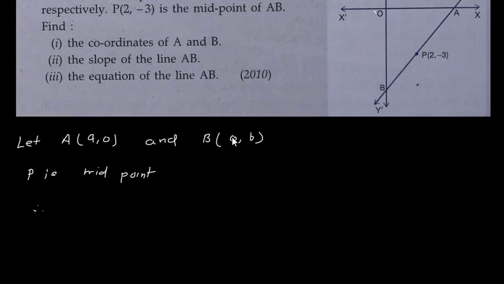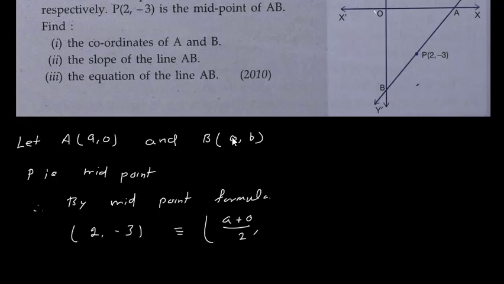Therefore, by the midpoint formula, the coordinate of point P, which is 2 comma minus 3, will be equal to, midpoint formula is, I will add the x coordinates, that is A plus 0 divided by 2 comma 0 plus B divided by 2.